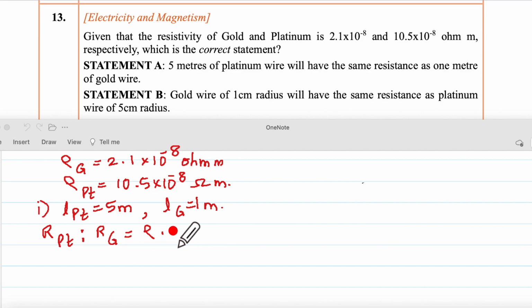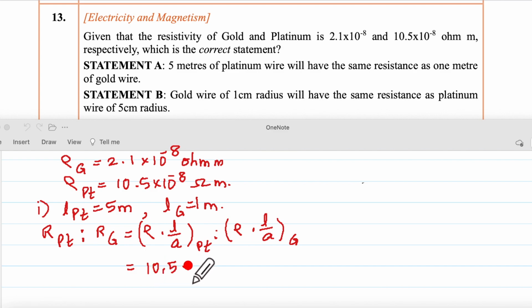Now, if you compare the resistances, your resistance of platinum to resistance of gold will be equal to rho into L upon area of cross section of platinum is to rho into L upon A of gold. Rho for platinum is 10.5 into 10 to the power minus 8, the length is 5 meter, upon the area of cross section.